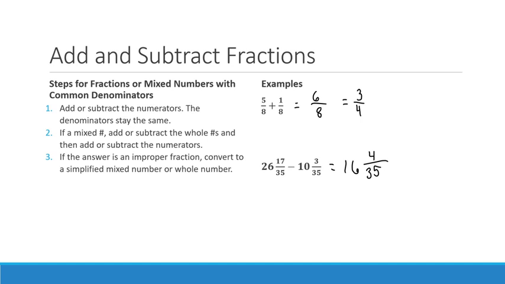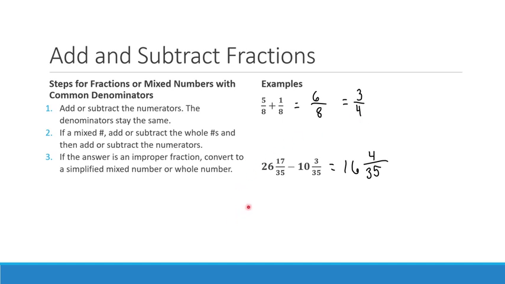So when we have 5/8 plus 1/8, the eighths is the denominator, and that will continue to be in our answer. All we need to do is add the numerators. 5 plus 1 is 6. Now 6/8 can be simplified to 3/4, and I went ahead and did that. I divided each term by 2 to get my simplified answer.